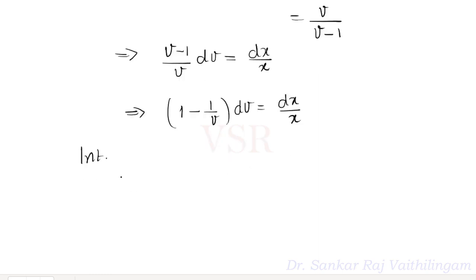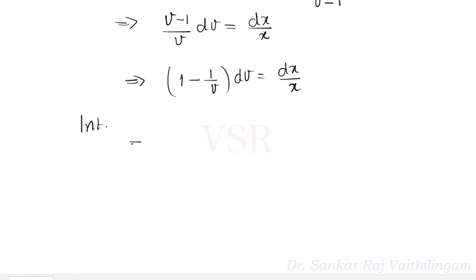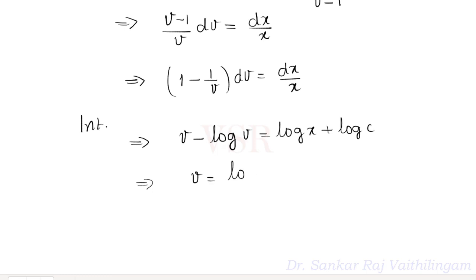this implies that இங்க ஒரு v minus, இது 1 by v அப்படின்னா, I may have this is log v, which is equal to log x plus log c. அப்போ I may write this implies that v, which is equal to... இதங்க கொண்டு போயிடலாமா, அப்போ we will have this is log v plus log x plus log c.